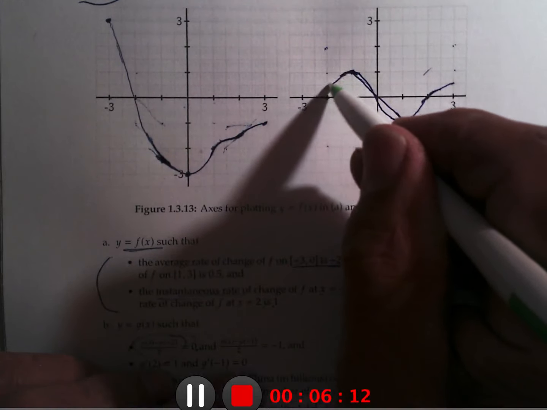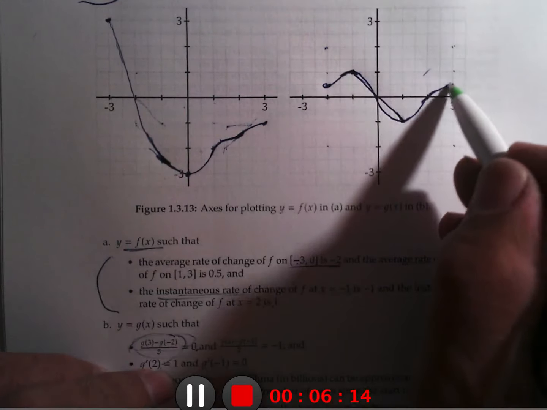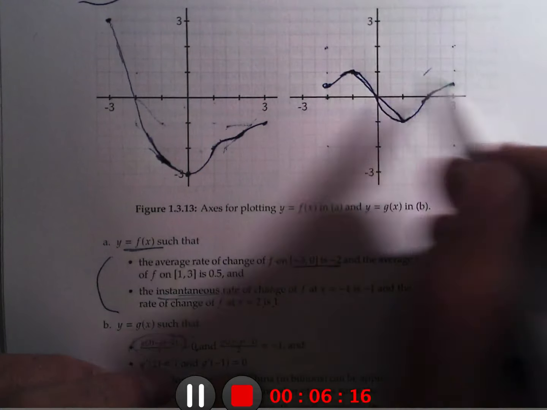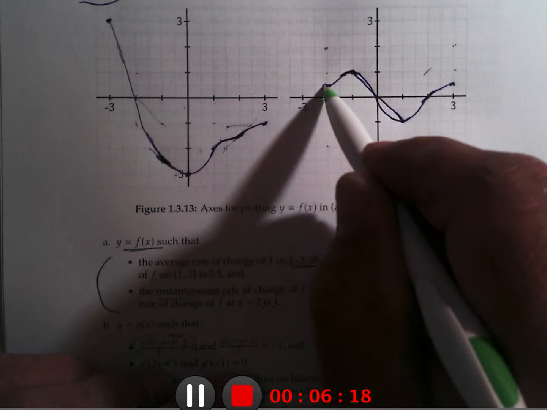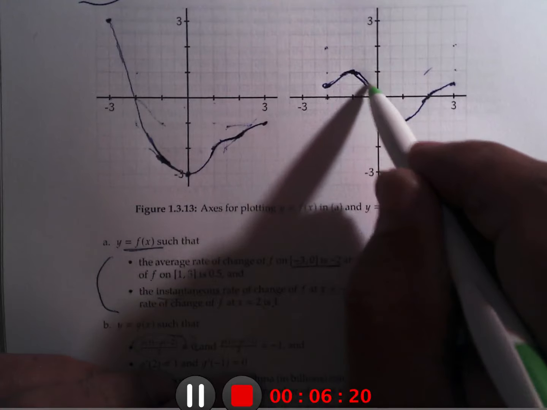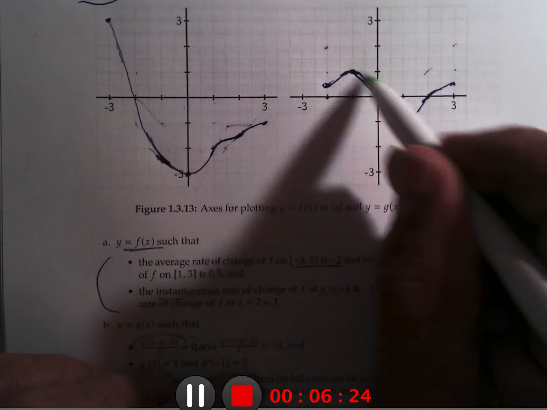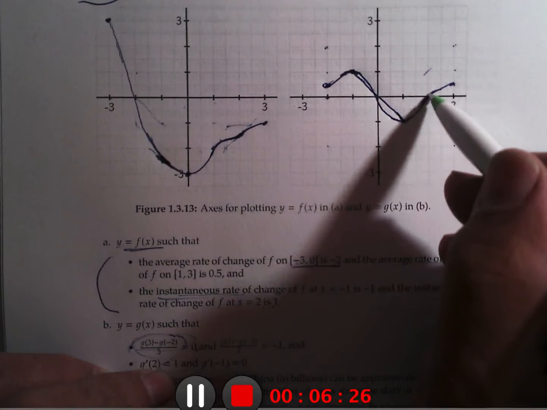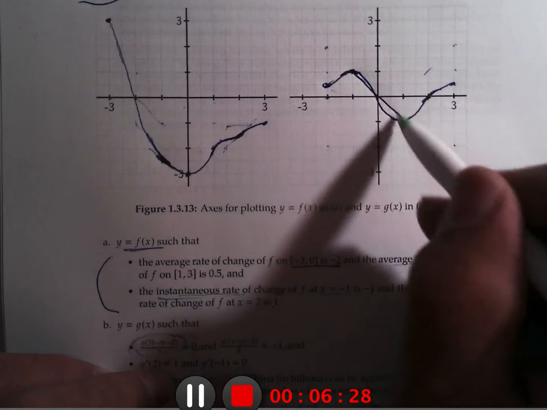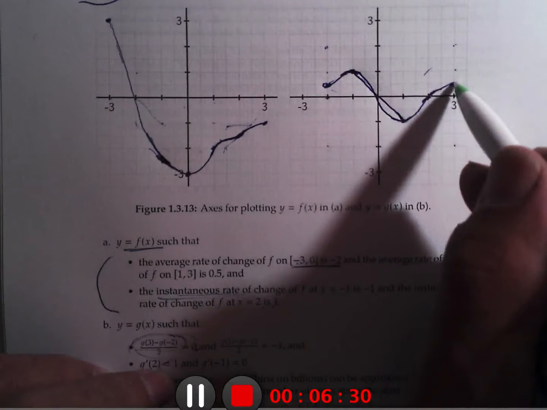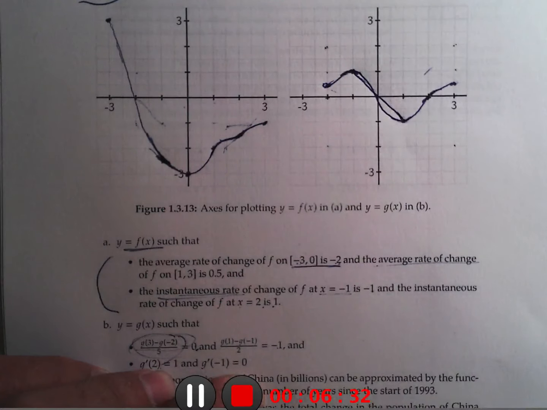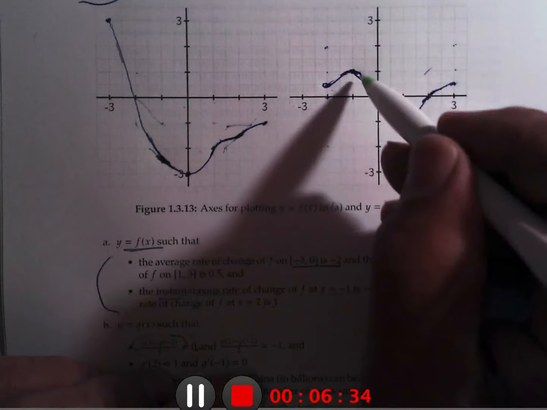So I'm at the same height as I started. I have a slope of 0, average slope of -1, and then a slope of 1, and end at the same height, so the overall average is 0. So take that out, and there we have part B.